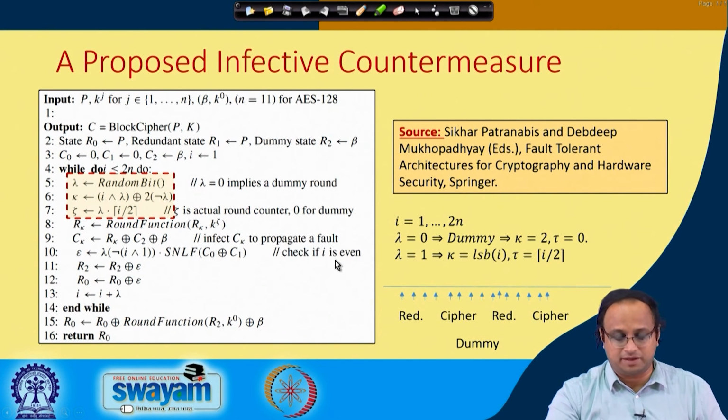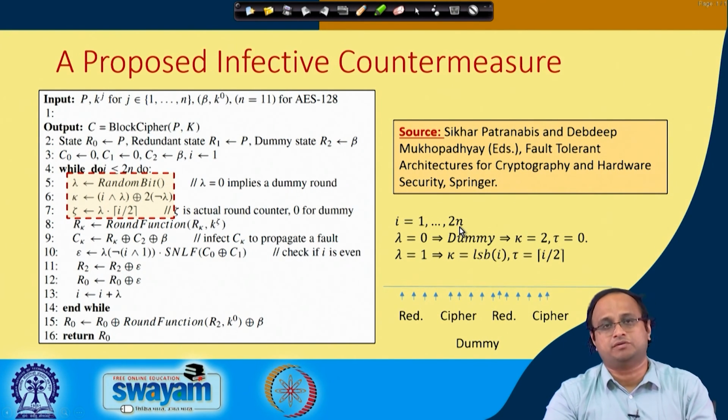We start with i equal to 1 and then we have the even term, so the second term is always the even term. That means this check happens only when you are doing the cipher computation and not when you are doing the redundant computation. So if you are inducing the fault at the 9th round cipher, then the infection will happen subsequent to this, not in the 10th round redundant round, but in the 10th round cipher.